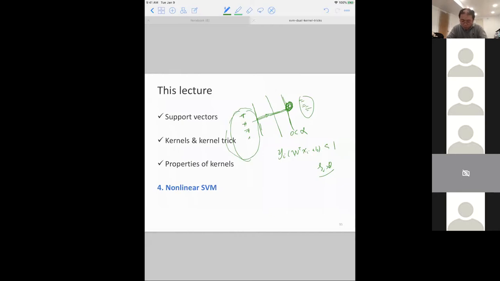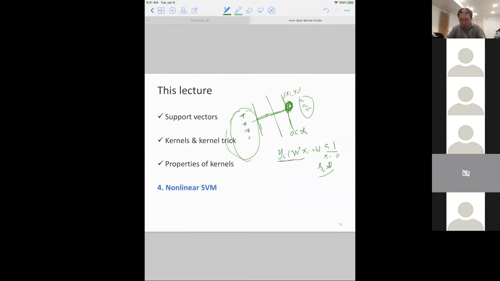Although it looks annoying, this misclassified example is really a support vector. You can analyze it through complementary slackness. From the functional margin, it doesn't satisfy being bigger than or equal to 1. Suppose we denote this example as x_i. In this case, y_i times (w transpose x_i plus b) is less than 0, because it's misclassified.